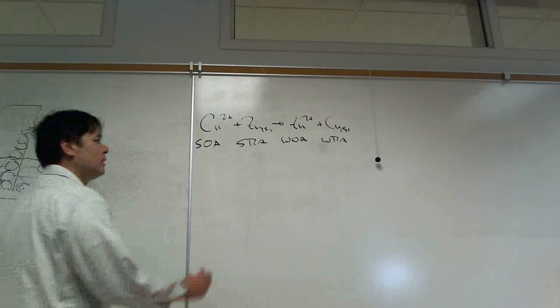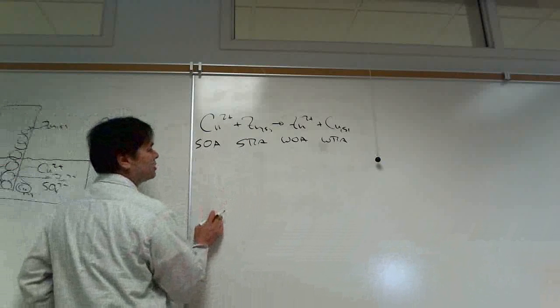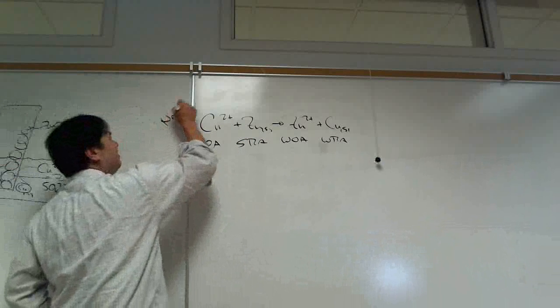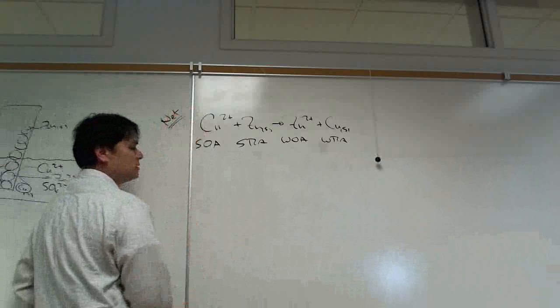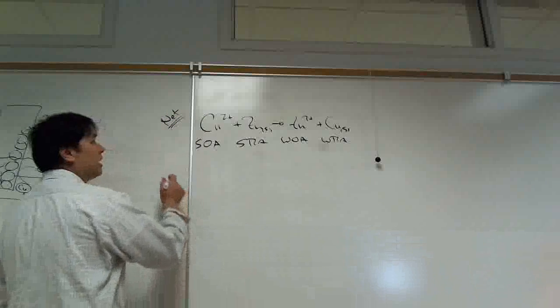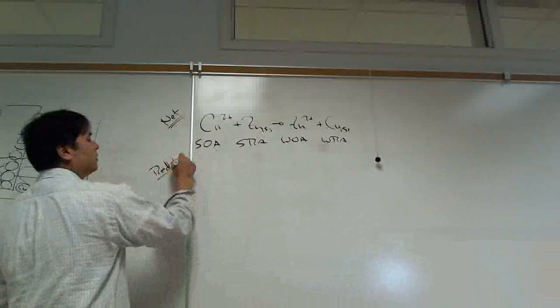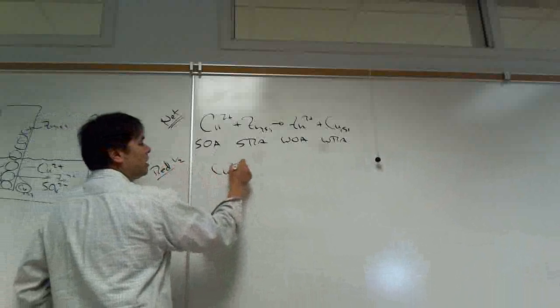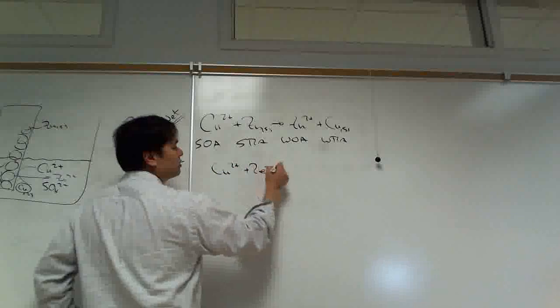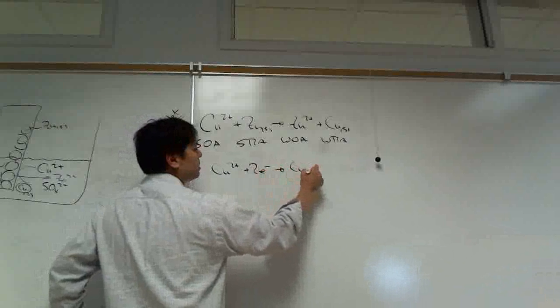We can break this reaction up into two half reactions though. The net reaction is going to consist of a reduction half reaction and an oxidation half reaction. The reduction half reaction is copper 2 plucks 2 electrons to form copper solid.